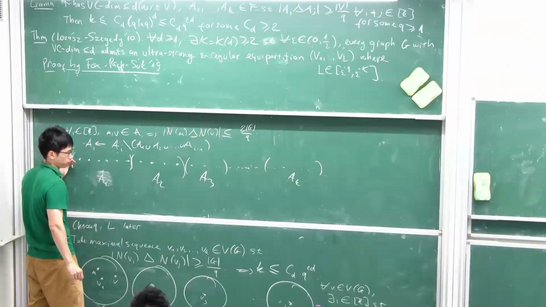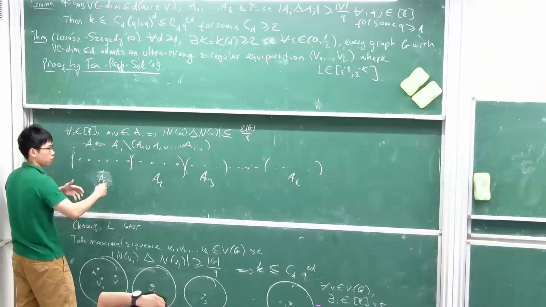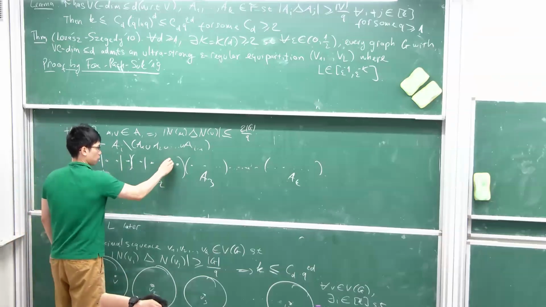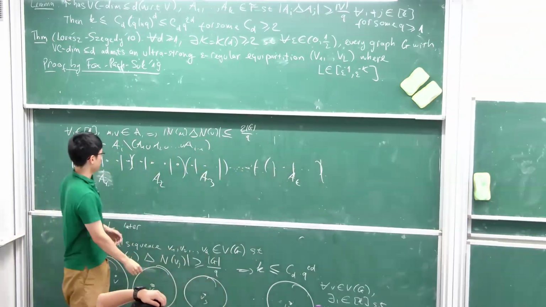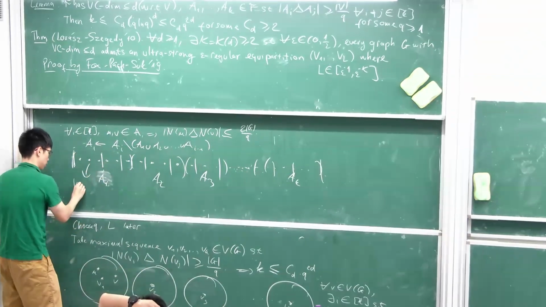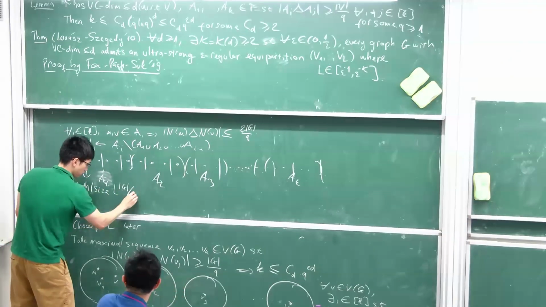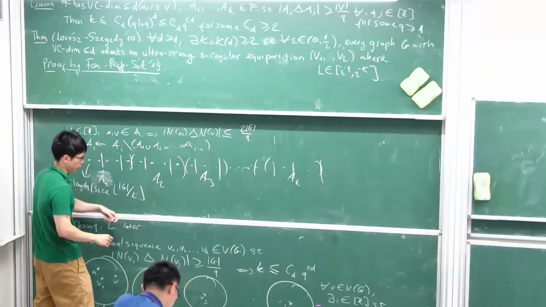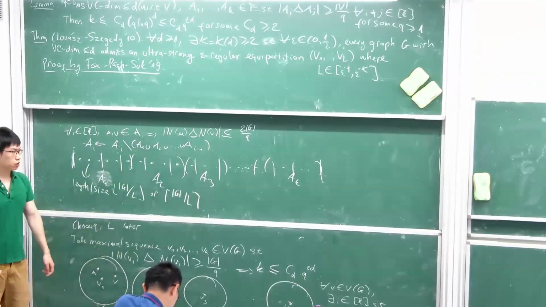I'm just going to equipartition this sequence arbitrarily into about L subsequences. So here we are. Let's look at this, and each such subsequence has length, or size, just to make things more rigorous, the ceiling or the floor of G over L. Okay, so far so good.